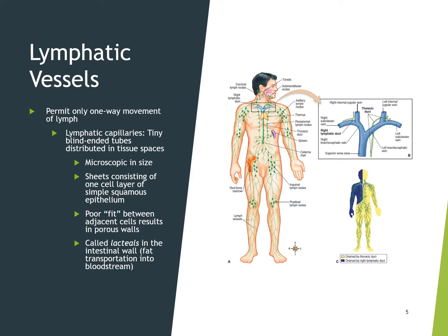The capillaries of the vascular system have very tight junctions, and they only allow select items to move in and out, like water, small particles, and gases. The capillaries of the lymphatic system are going to allow bigger particles to move in and be carried away through the system.